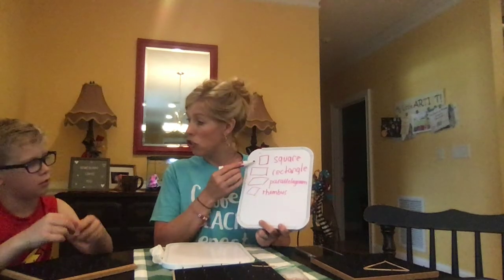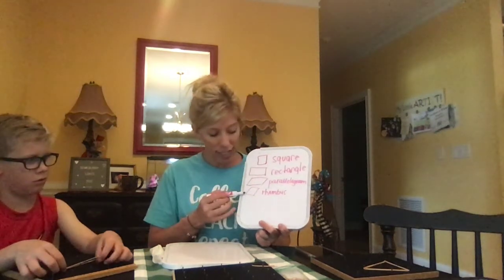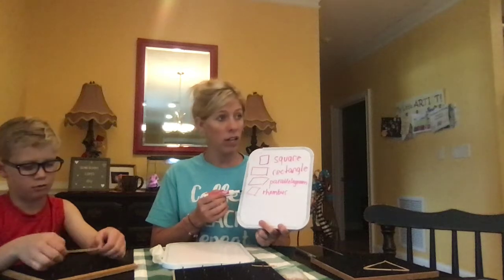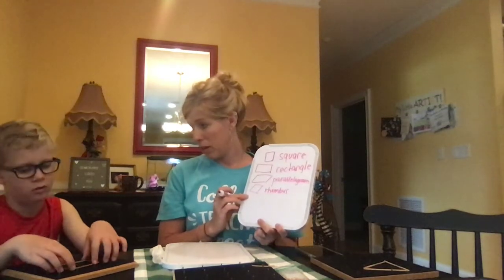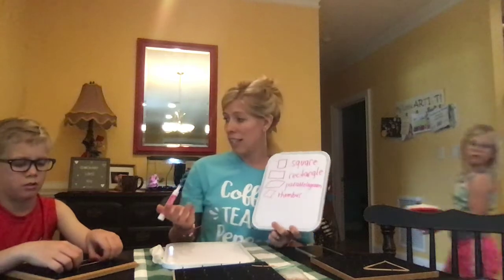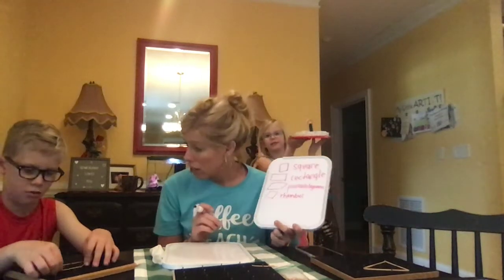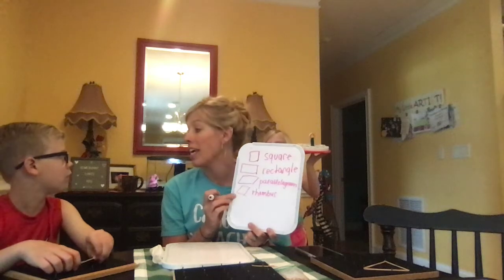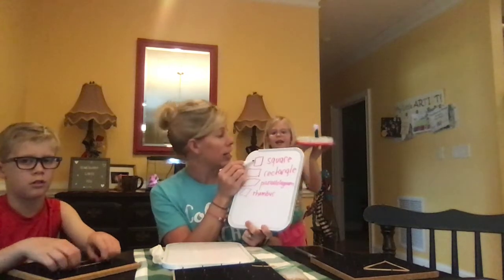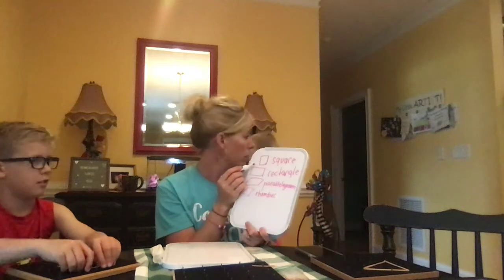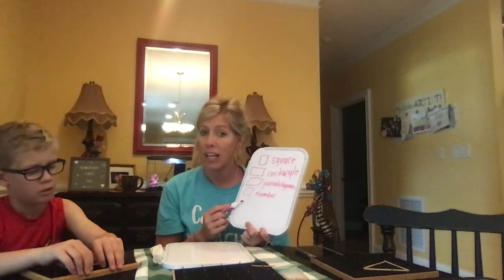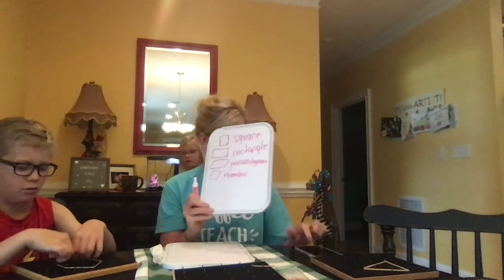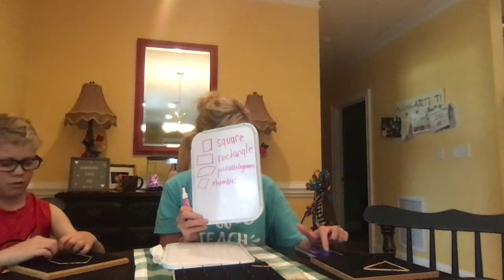A square has to have right angles. A rhombus does not. A rhombus just has to have 2 pairs of parallel sides and all of its sides are equal. So technically, this square is a rhombus because it does everything a rhombus has to do. A rhombus has to have 4 equal sides and 2 pairs of parallel lines.